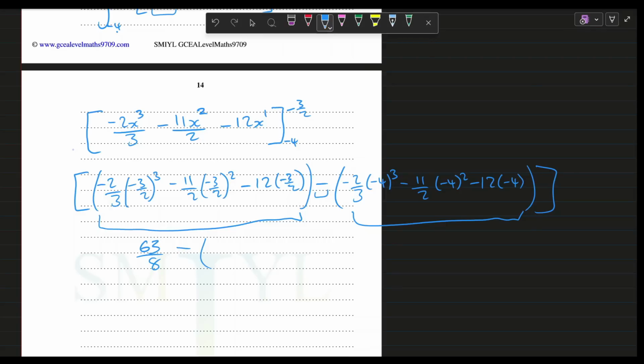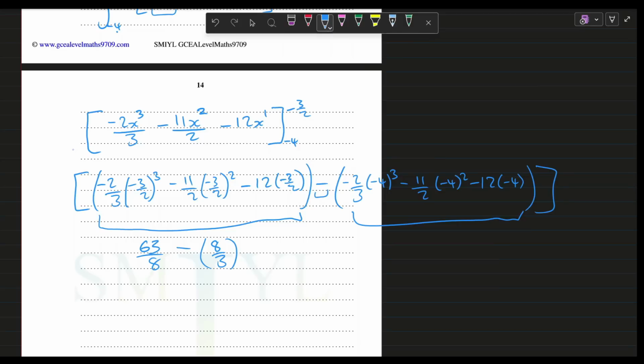So that's negative 2/3, multiplied by our negative 4 cubed, minus 11/2 multiplied by our negative 4 squared, minus 12 times minus 4, and this gives us 8/3.